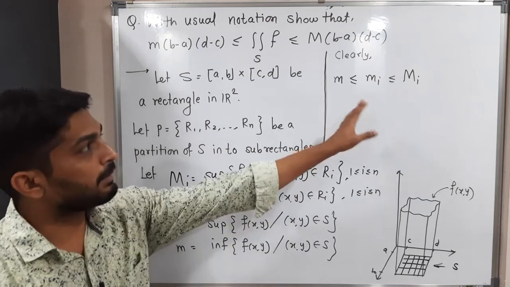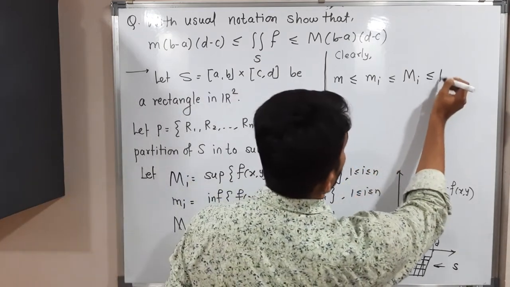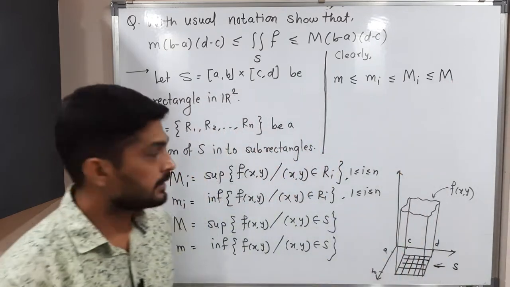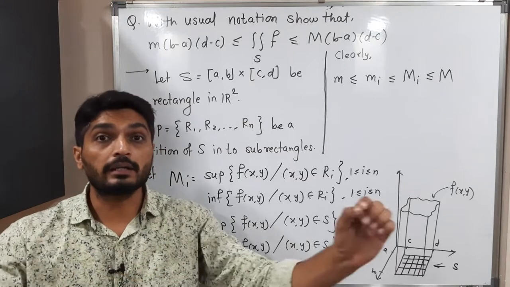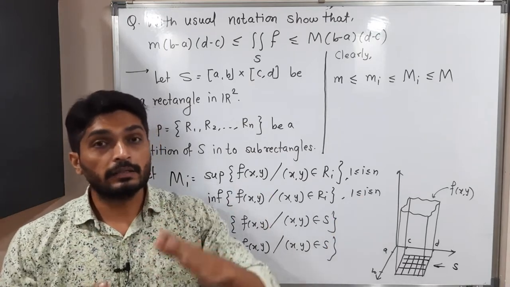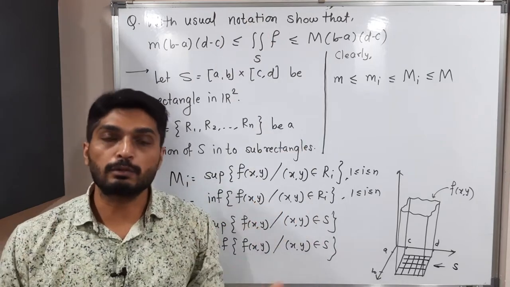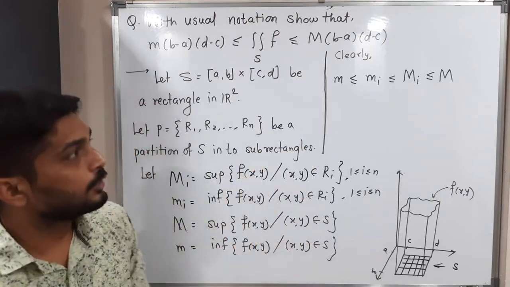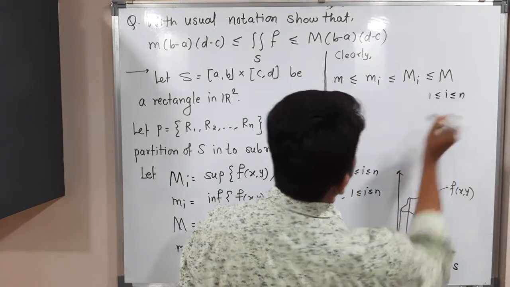So capital Mi will be greater than or equal to small mi, and this is obviously less than or equal to capital M, because capital M is nothing but the supremum of f over the entire rectangle S. That means the largest value of f over the entire rectangle, so it will be the largest value among these four. So this relation we have, and it is true for all i running from 1 to n.